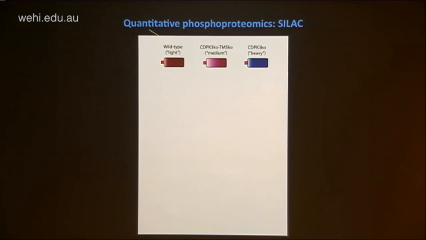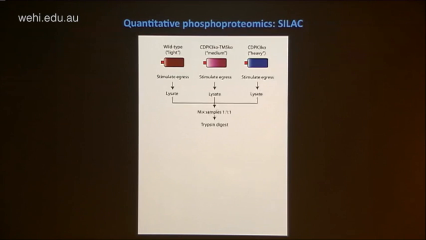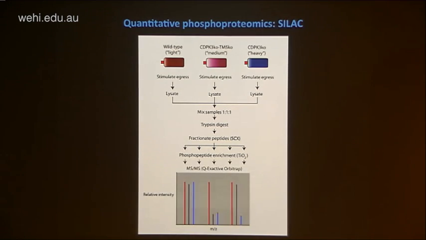And these are all grown in the presence of either light, medium, or heavy stable isotope-labelled lysine and arginine. We can then stimulate egress in each of these populations separately, produce lysates and mix the samples, and we then enrich for phosphopeptides using first strong cation exchange for fractionation, and then enrichment using TiO2 for phosphopeptides.